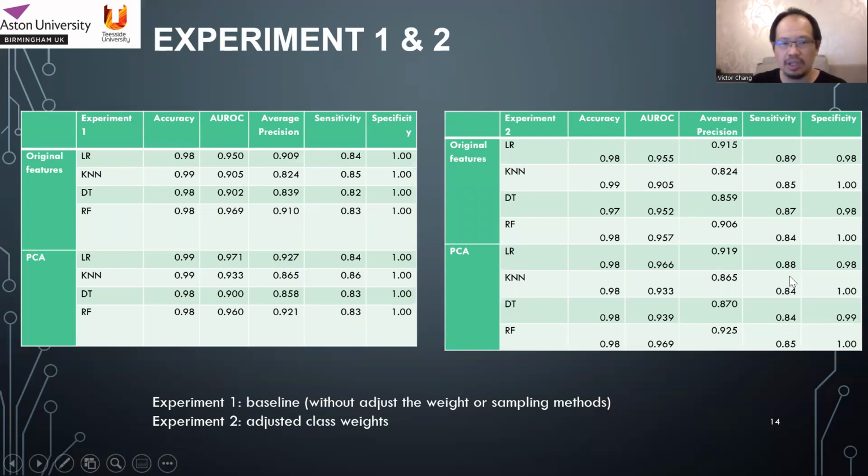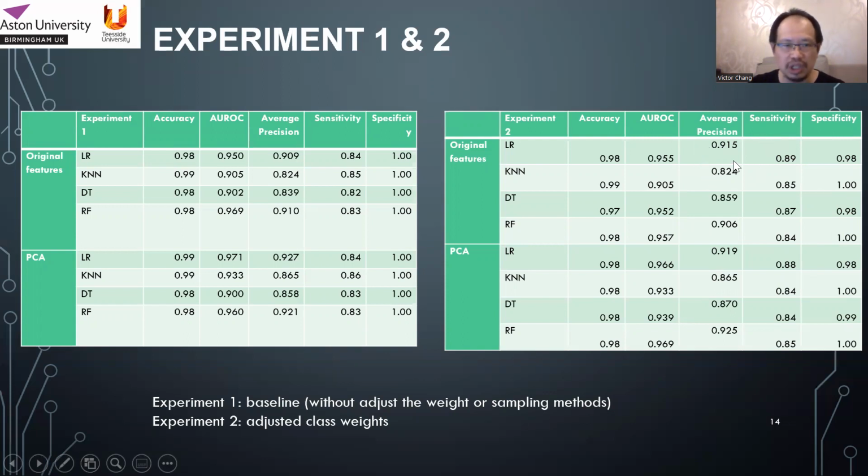But then when we begin to adjust class weight, one obvious thing you notice is that the specificity is not always 1. It will sometimes get to 0.98 for some of them. However, sensitivity goes up, because when you get rid of imbalanced data, the sensitivity is higher on average.